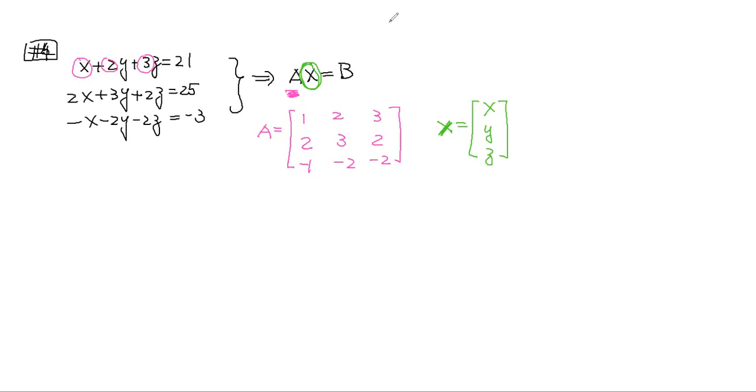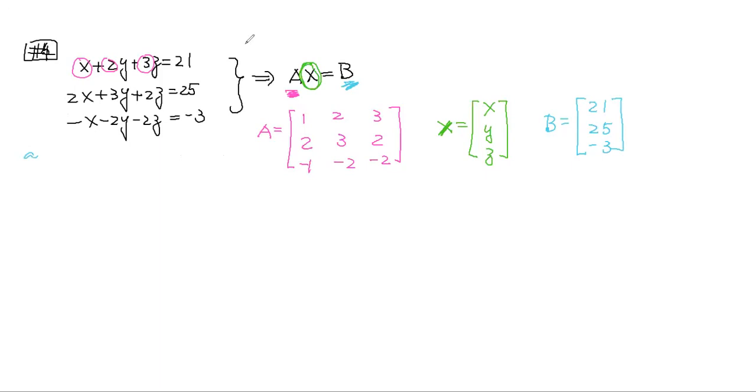Be careful about my color coding. The matrix B will just be your constants: 21, 25, negative 31. This is pretty much given to you for 3 points, so it's pretty easy to do.